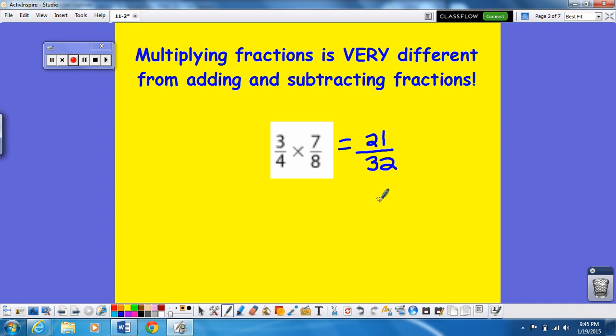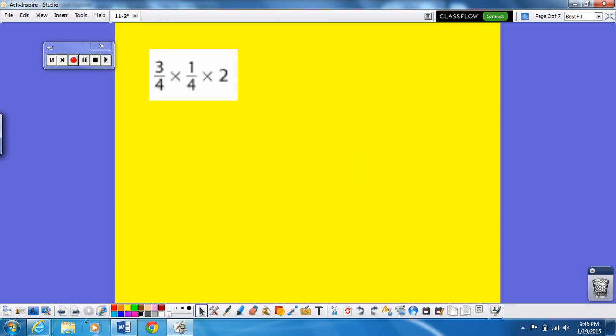I look at that problem, I'm finished, but I always have to stop at the end of the problem and say, can that be reduced? There are no factors that 21 and 32 have in common, so that is my final answer. Very simply, once again, all I did was multiply 3 times 7, 4 times 8, and there is my product.